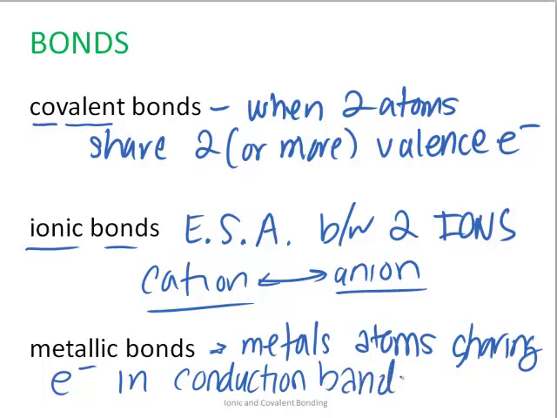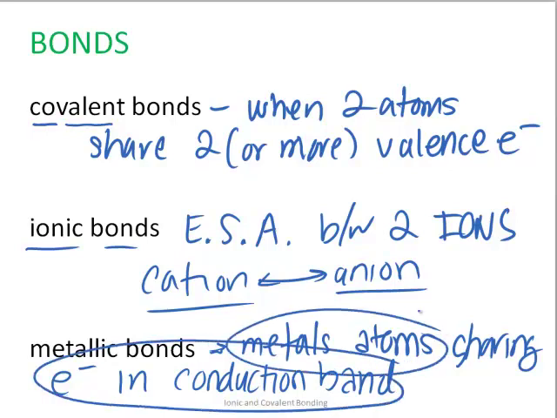So we've got electrons that are mobile and floating around in this conduction band, and lots of the metal atoms are attracted to them, and their shared attraction keeps them together. So it's sort of like a covalent bond multiplied through many different atoms. We'll often hear this as the sea of electrons model.